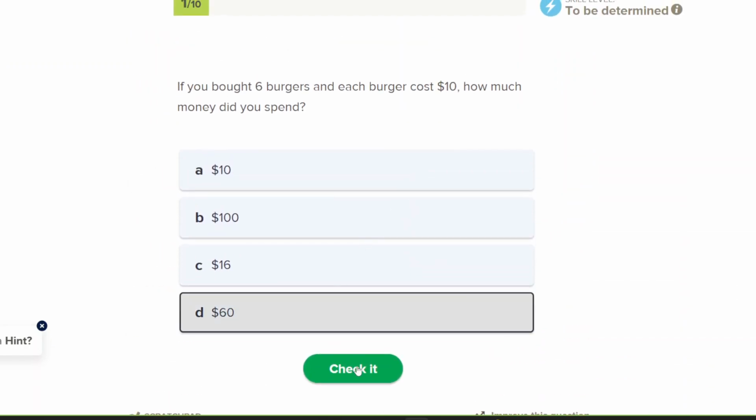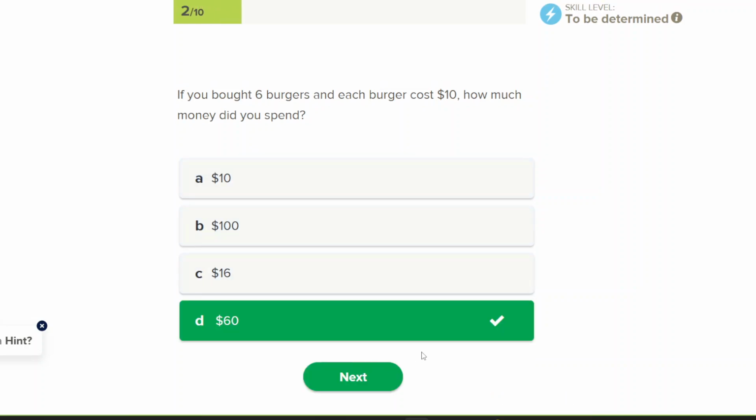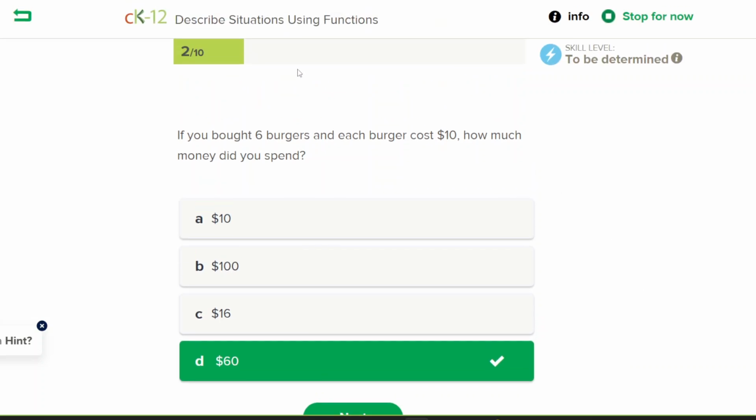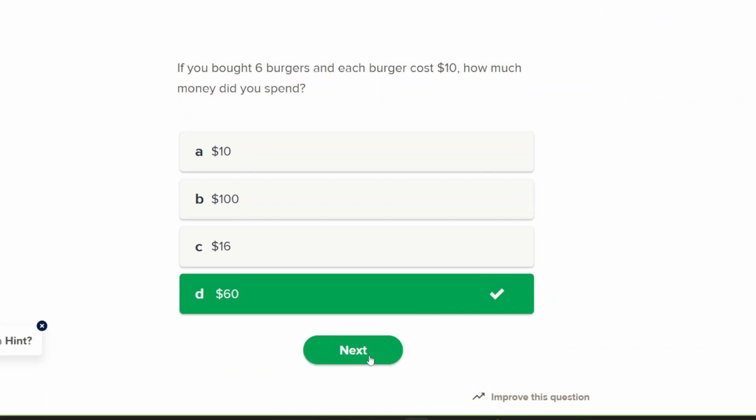So that's choice D here. 6 burgers, $10 each, $60. But I just wanted to show you how to establish one quantity as a function of another quantity, to tie into the title of the adaptive practice a little bit. All right, moving on.